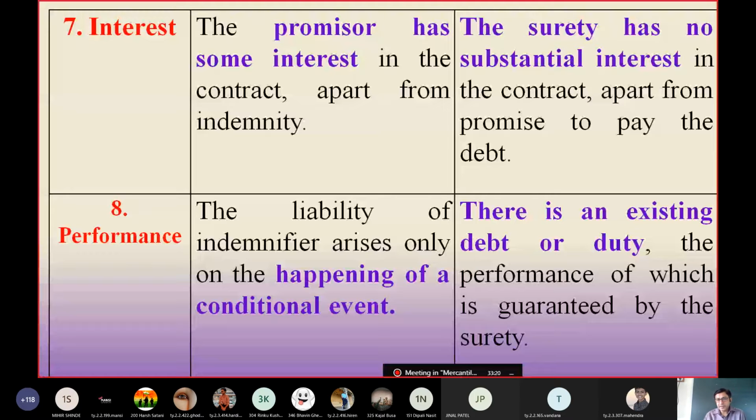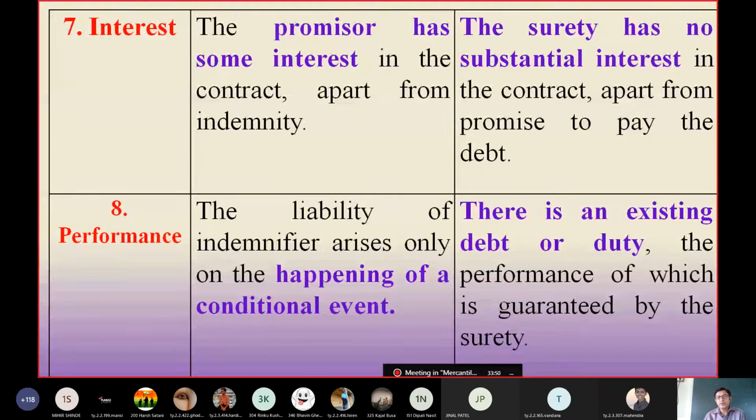While in the case of a guarantee contract, what happens in the particular contract? The surety has no substantial interest in the contract apart from the promise to pay the debt. The surety is not going to gain anything from such a contract. He is providing a free service to his friend, maybe his friend as a debtor. He is providing a service as a guarantor to his friend the debtor, that if he does not pay, he is going to pay.